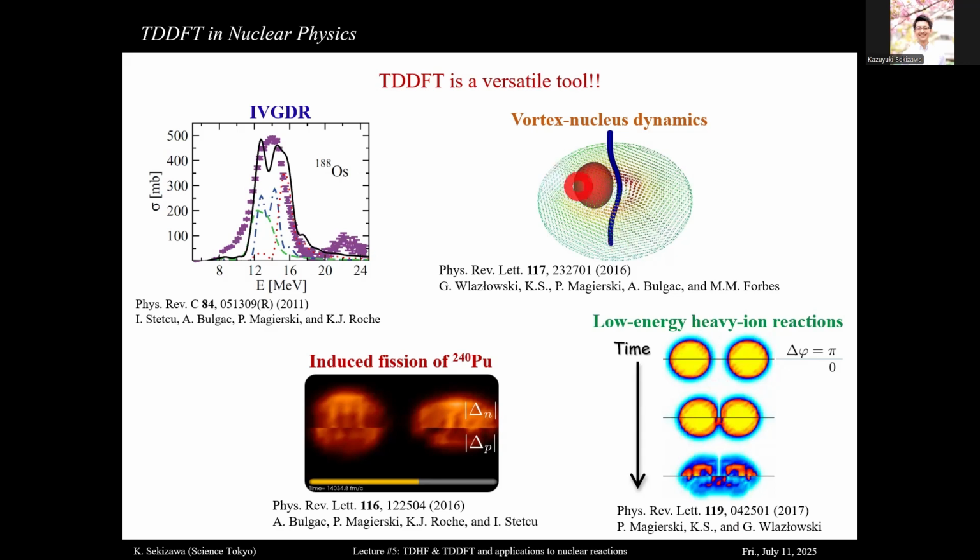By extending TDDFT to include superfluidity, we can also describe the quantized vortex, which is a topological excitation of the pairing field. I will show some applications of this kind in lecture number 6 or 7. So anyway, using the TDDFT, we can describe a variety of nuclear dynamics within a unified framework.